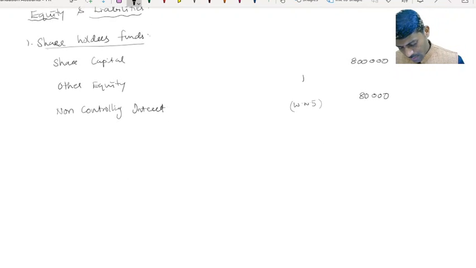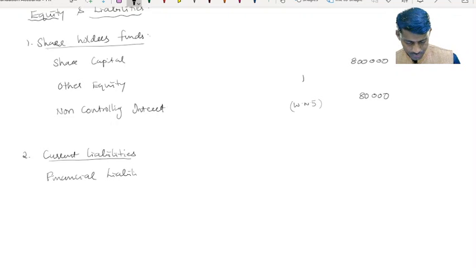Then do you have any non-current liabilities? Nothing. So number 2, current liabilities. Under current liabilities, financial liability. Under financial liability, trade payables, creditors. Total 2 lakh plus 50, 2 lakh 50,000, no split.